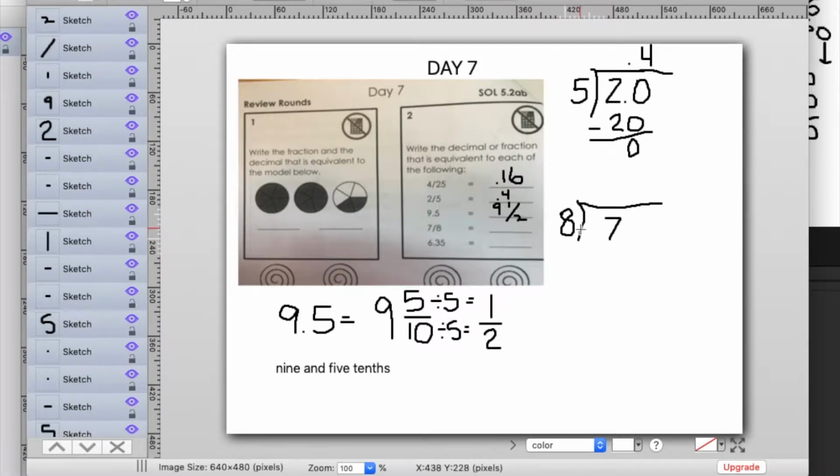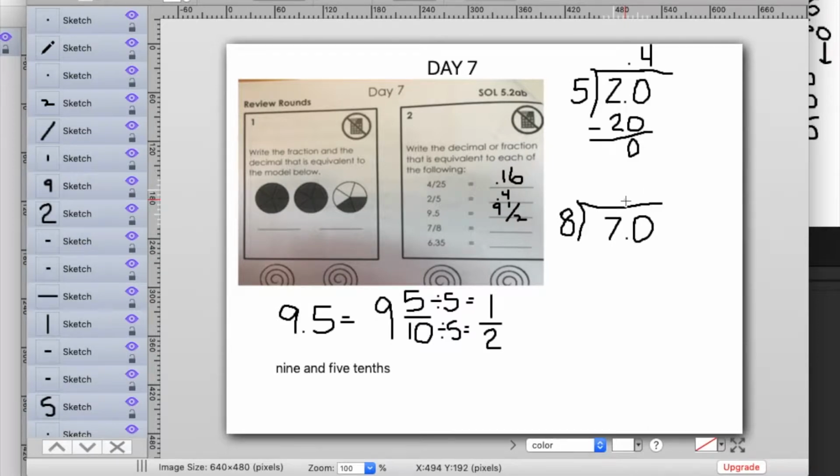Okay, we've got 7/8. We're going to make that into a division problem and go through it. 8 does not fit into 7. 8 is larger than 7, so we need to make 7 temporarily look bigger. Remember, we add the decimal and the 0, and we also bring that 0 up. So now we've got 8 into 70.